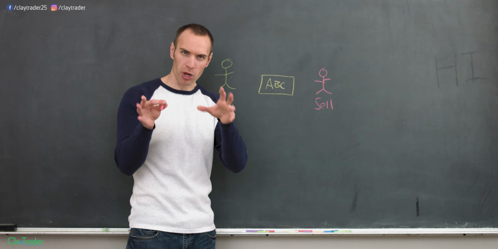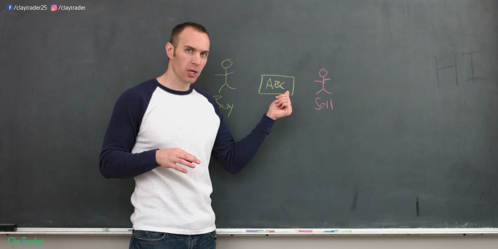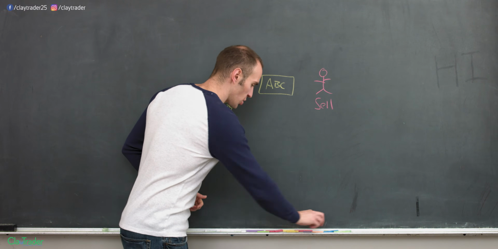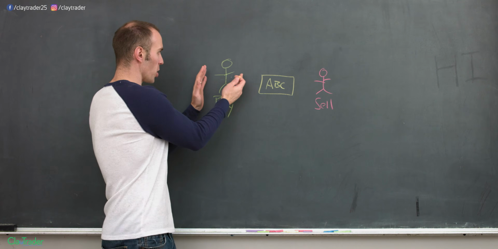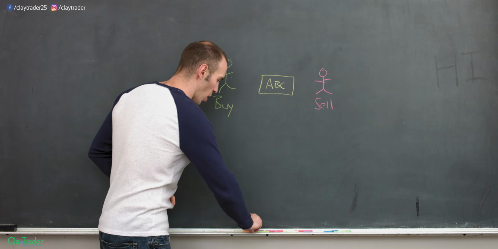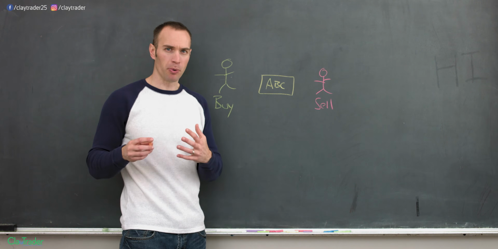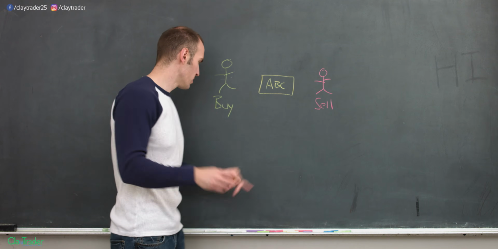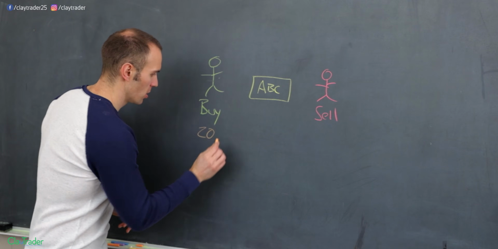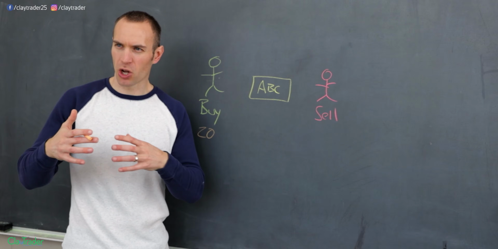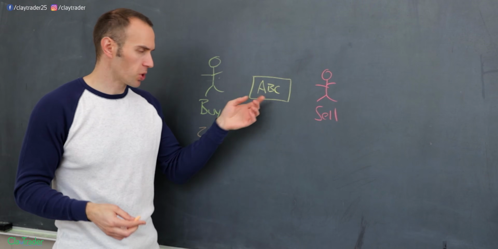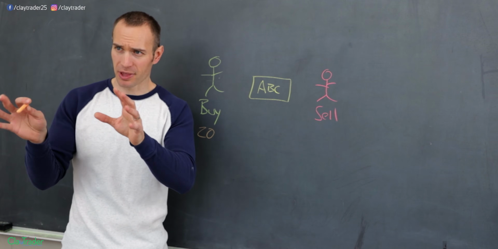So what is actually going to make this move? Let's say that over here, and this is multiple people, these people in total want to buy 20 shares. That's what a stock is called, shares of a stock. Stock, shares, they're one and the same thing.